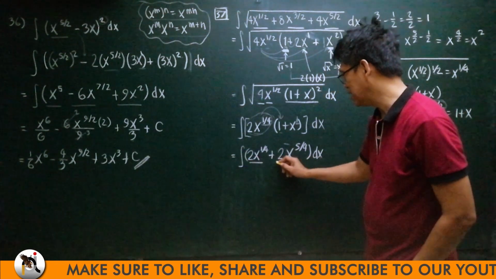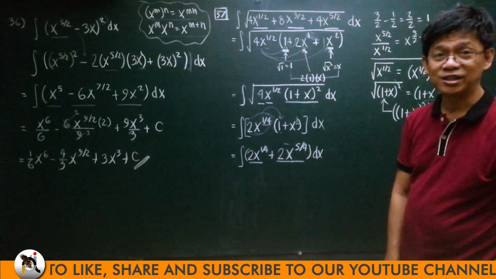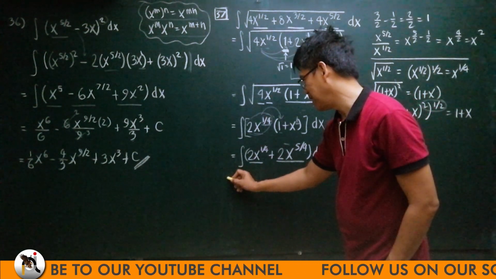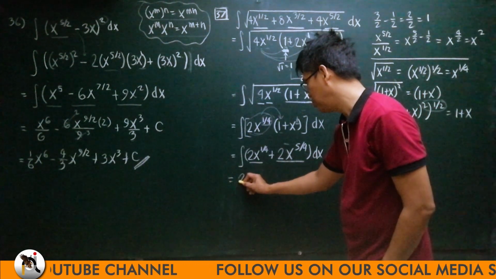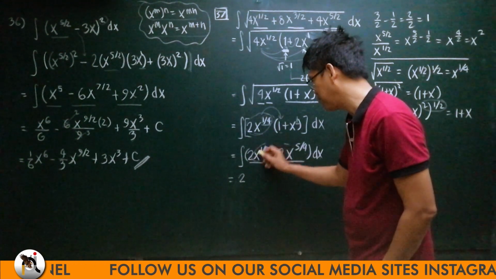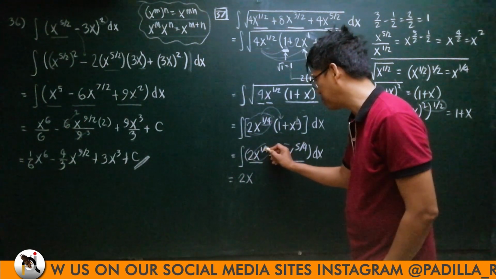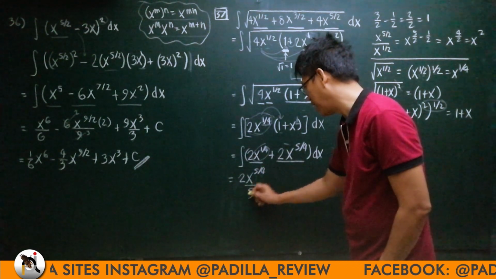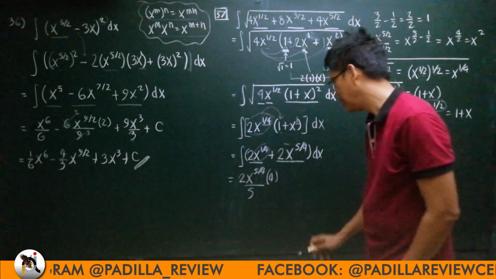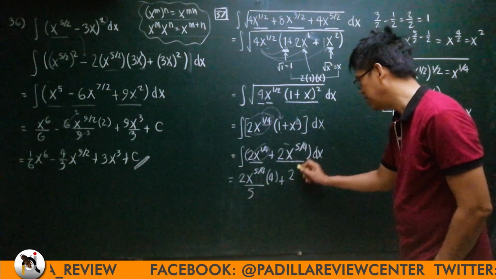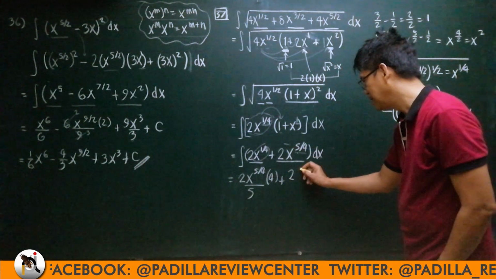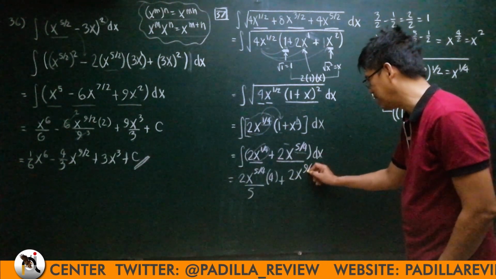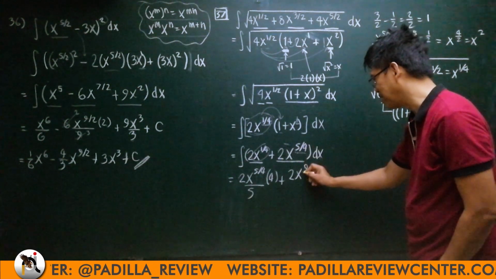These are now independent powers of x, ready for integration. Integral of this is 2 times the integral of x to the 1/4, which is x to the 1/4 plus 1, 5/4, over 5/4, plus the integral of x to the 5/4, that is x to the 5/4 plus 1, that is 9/4. 5 plus 4, 9 over 4.